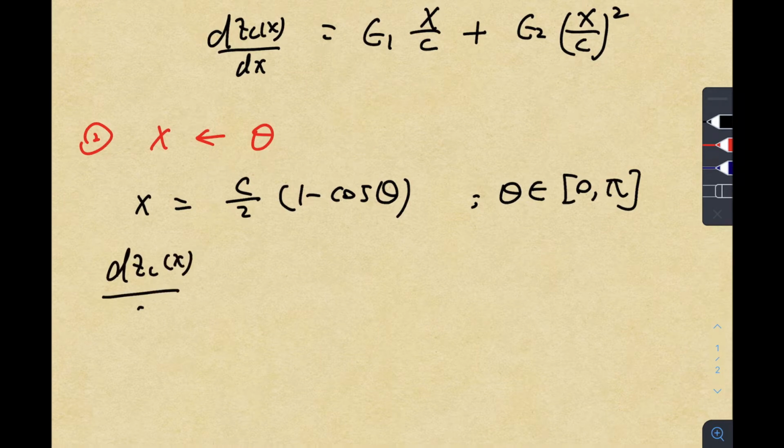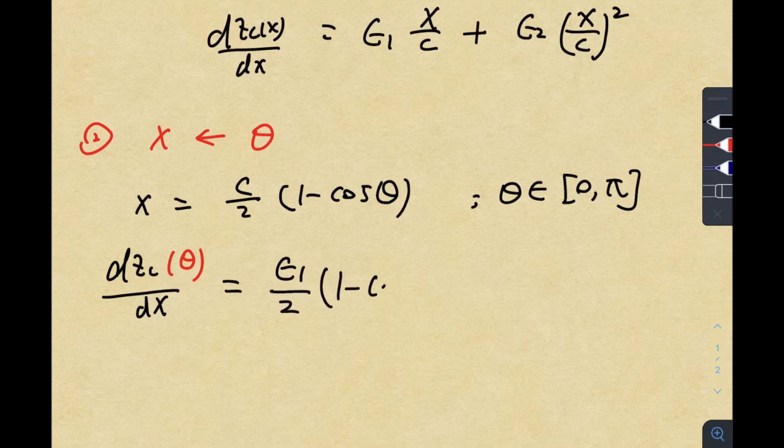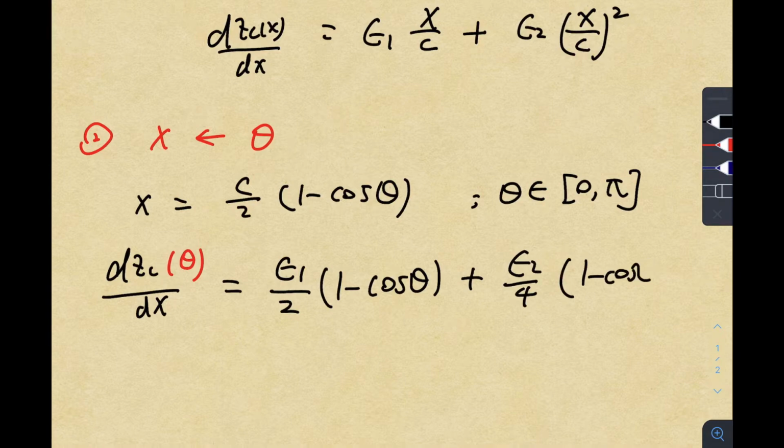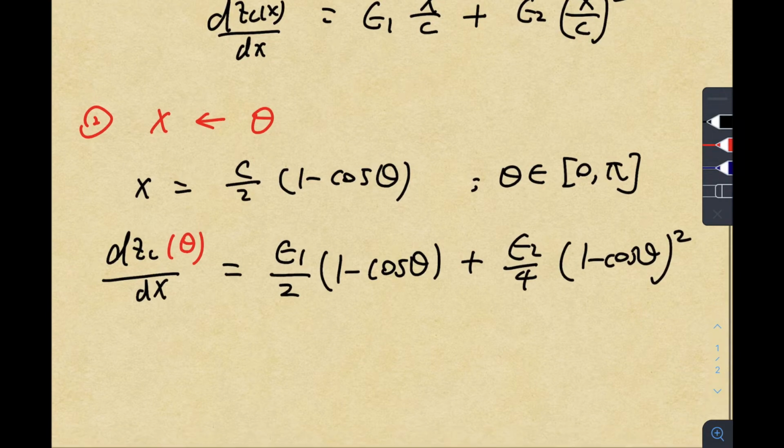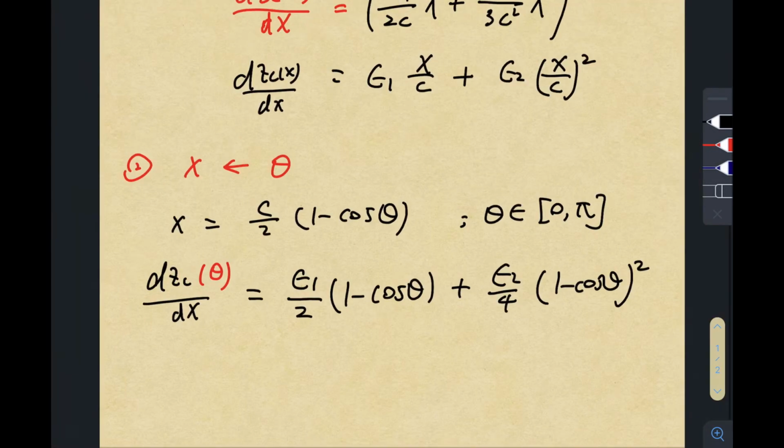So now we have these derivatives as a function of theta, and the expression would be epsilon 1 divided by 2 times 1 minus cosine theta plus epsilon 2 divided by 4 times 1 minus cosine theta squared. So this is the result.